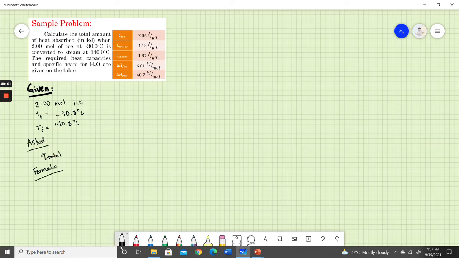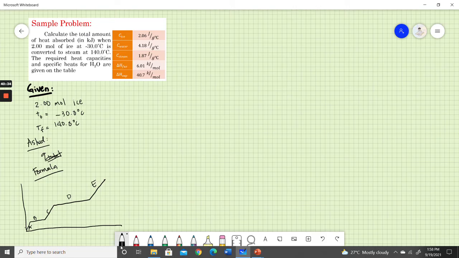Remember the heating curve, the graph usually looks like this, right? And each of the points A, B, C, D, E has a different equation that we have to use to measure the total heat or the total energy absorbed by the system.